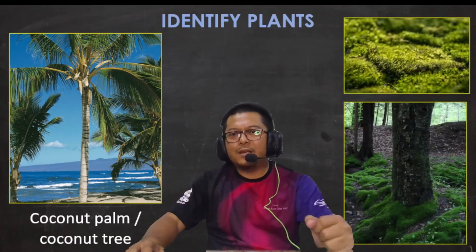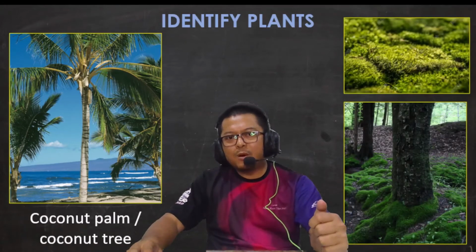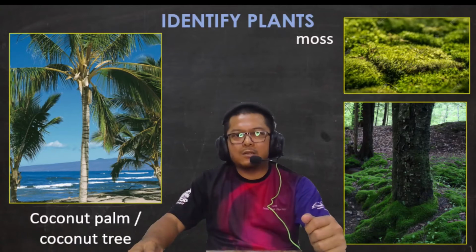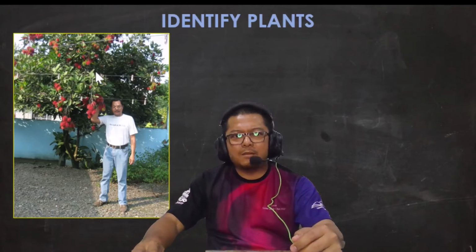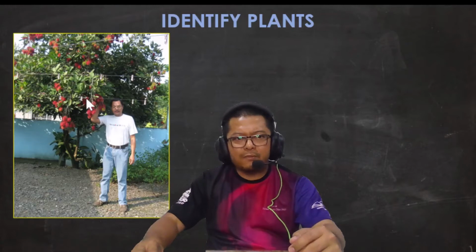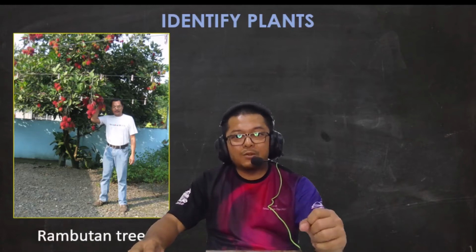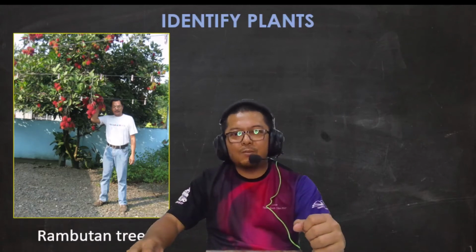And take a look here, this small plant at the bottom, the greenish color, it's called moss. Next plant would be this. The man is holding a tree with red fruits, called a rambutan tree.